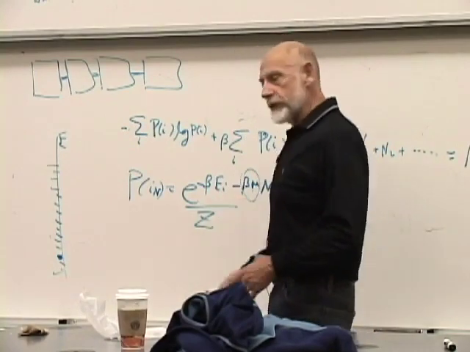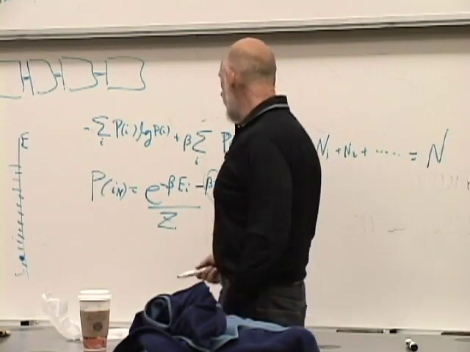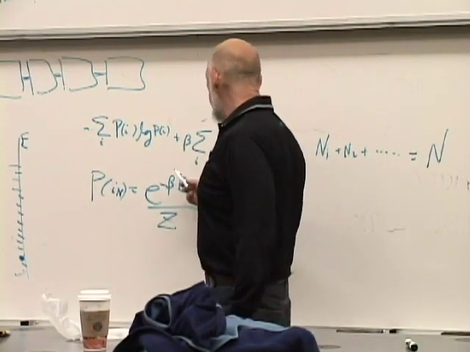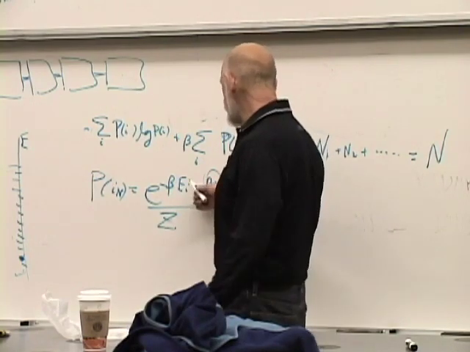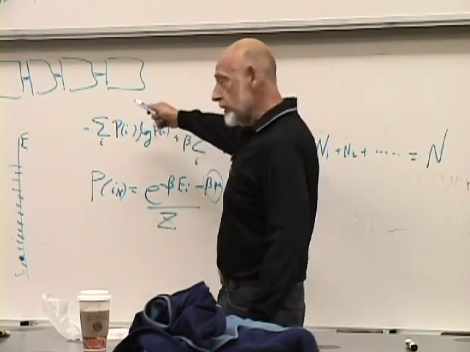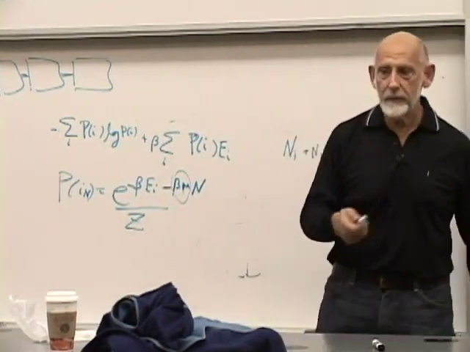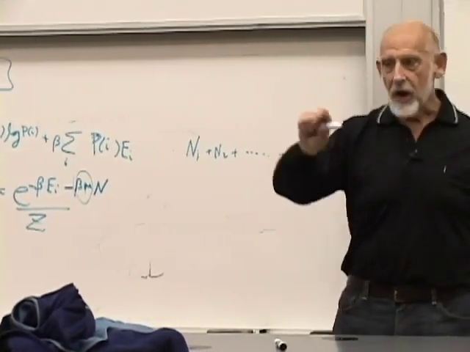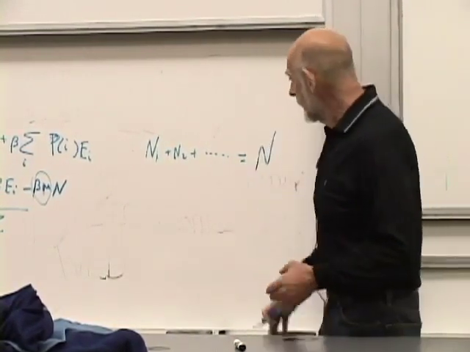By changing the temperature, if you know you have a given amount of energy, the way you would deal with this is you would change beta until the average energy is equal to the average energy that you think is in the box. So beta is the tuning device. The temperature is the tuning device, the knob that you change to change the energy in the box.